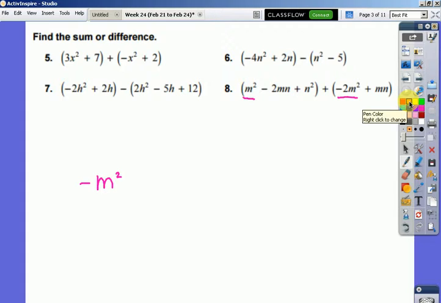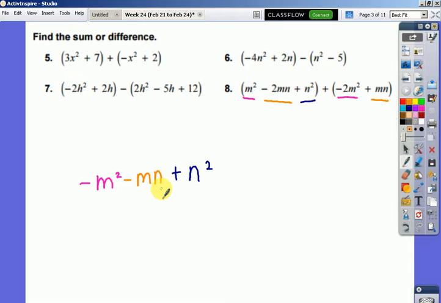So here, when I combine this negative 2Mn, this Mn, what do I get? Yeah. And then what do I have last? N squared. Plus N squared. And it does turn out that when you're multiplying binomials, you will have that middle term that has a combination of M and N, and that's why it becomes before just the N squared, if you're wondering.